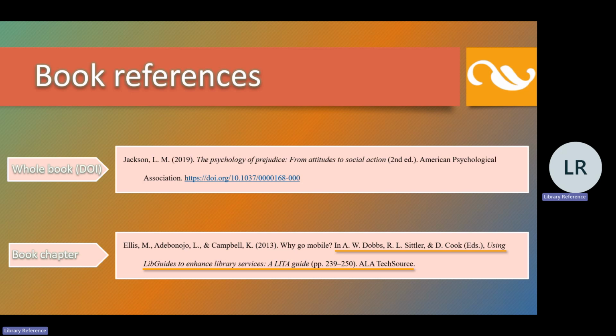The title is accompanied by parenthetical information. The parenthesis includes the page numbers where the chapter appears, in this case pp. 239 to 250, and the location element finishes with the name of the publisher, ALA TechSource.